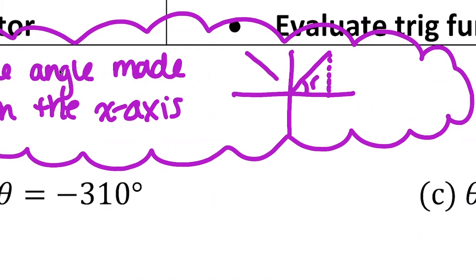If we're in quadrant 2, this angle would be the reference angle. In quadrant 4, it would be this angle. And quadrant 3, this angle would be called the reference angle.